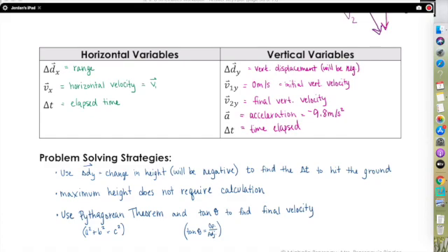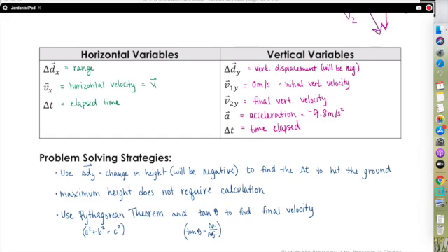Okay, so I kind of talked about some of the problem-solving strategies already whenever I was discussing the diagram. But we're going to be using delta d of y, the change in height, to find the time that it takes to hit the ground. Then once we have time, we can start solving in the horizontal aspect. The maximum height does not require calculation. It will be given to you in the problem.